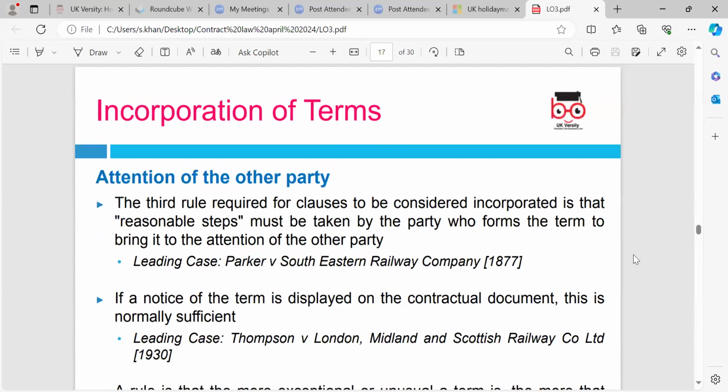Also, looking at reasonable notice is an objective consideration of whether the party is subject to the terms. Are they aware of them? There's no requirement as to the terms in regard to that.